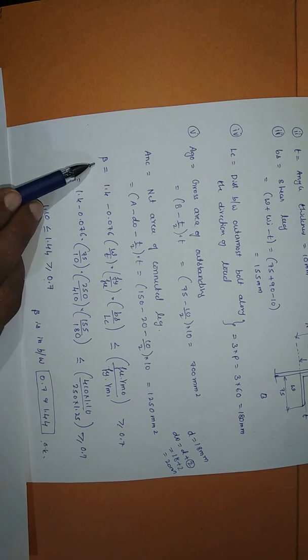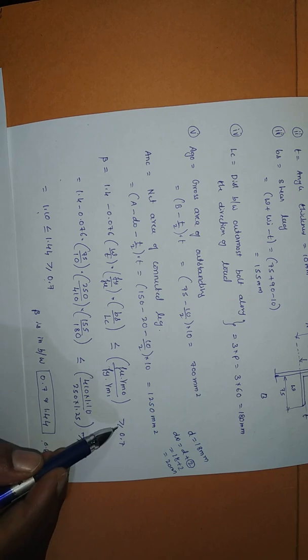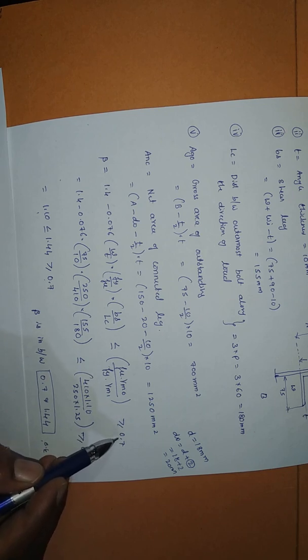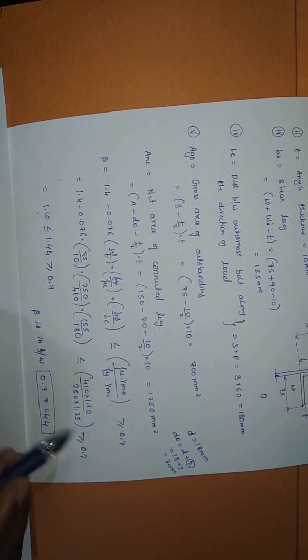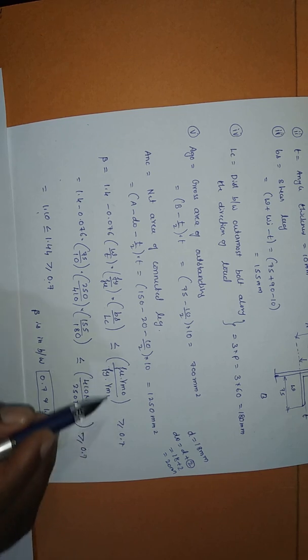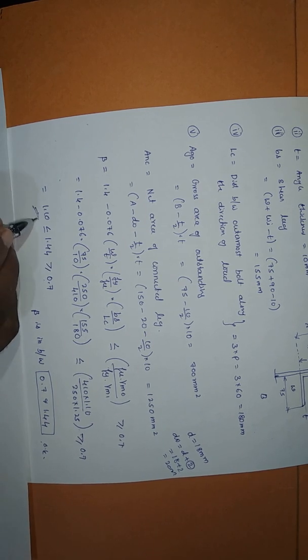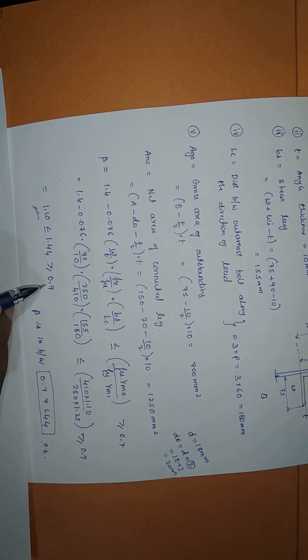Beta should be less than this formula and greater than or equal to 0.7. In other words, it should be greater than 0.7 and less than this value. Here it is 1.10, which is greater than 0.7 and less than 1.44. So beta is okay.